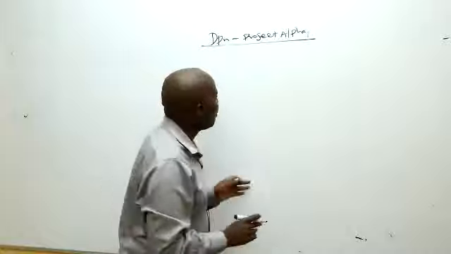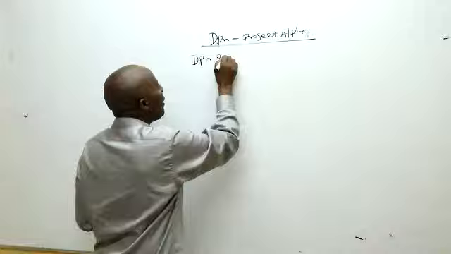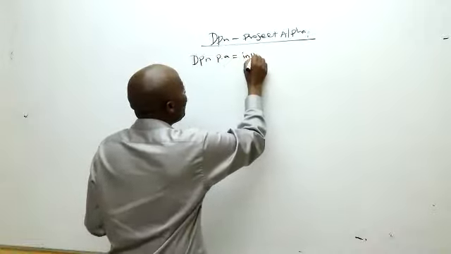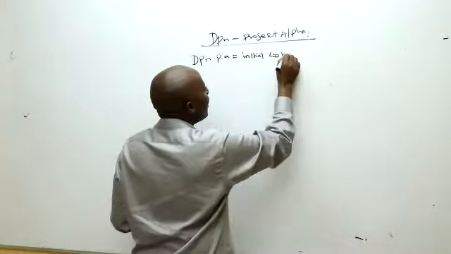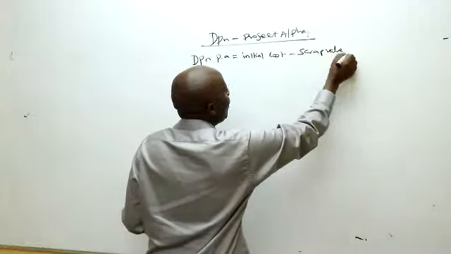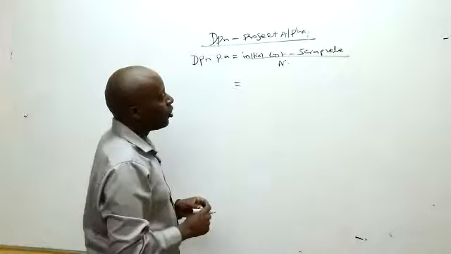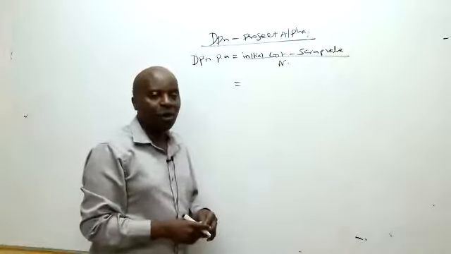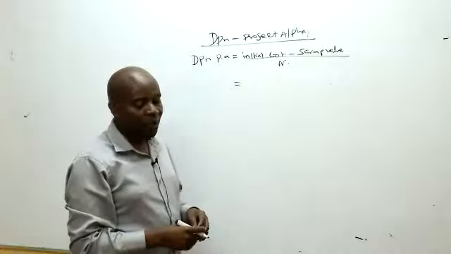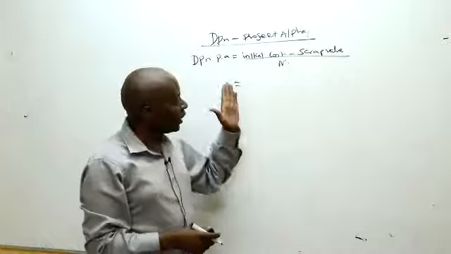So we shall use straight line method where you will come and give us the depreciation per annum, which will be equal to the initial cost minus the scrap value all over n, number of years.